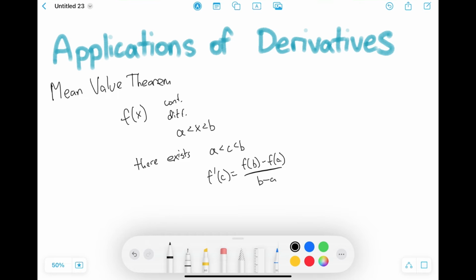In other words, if we take 2 points on the function, there has to be a point between them where the instantaneous slope is equal to the average rate of change from a to b.